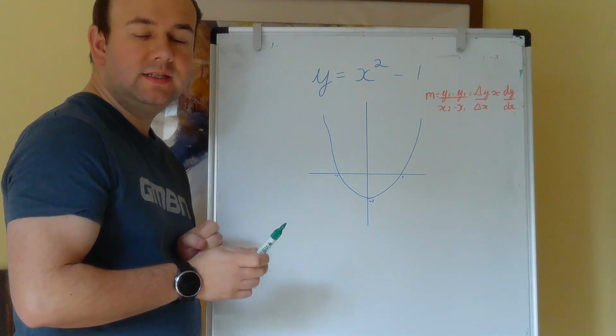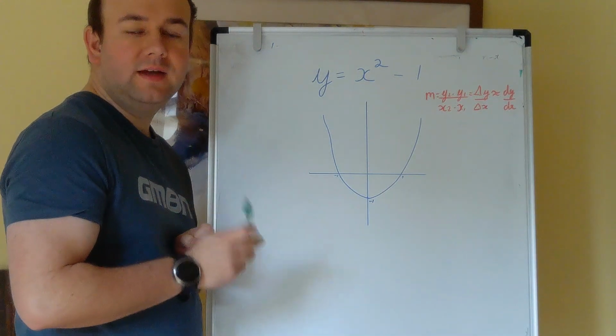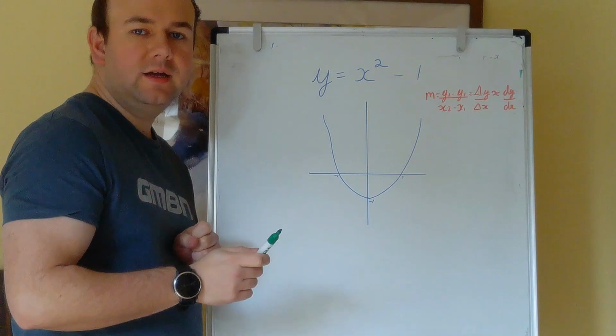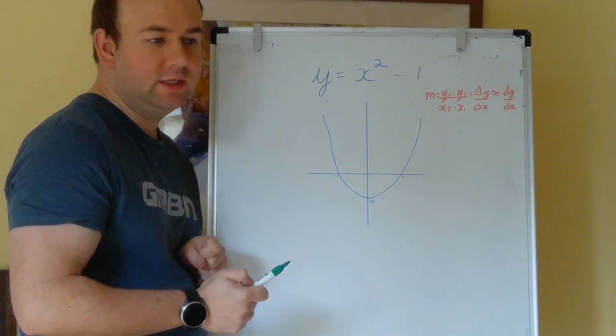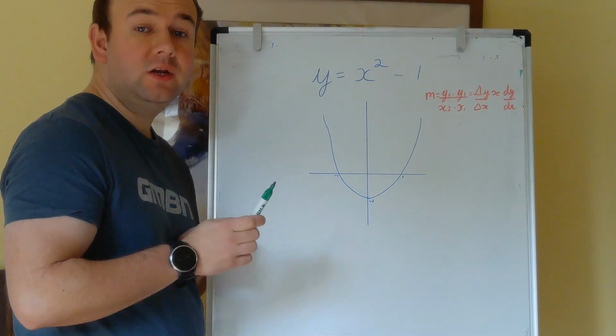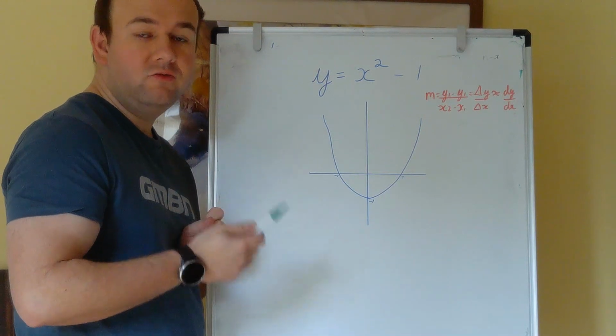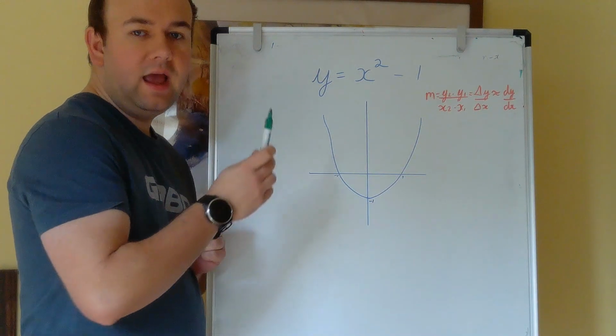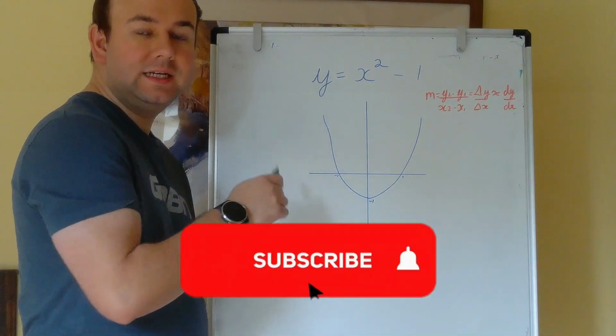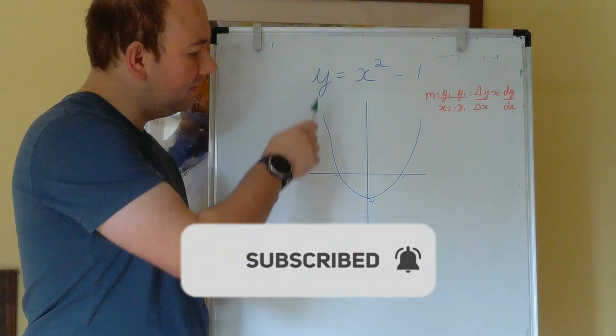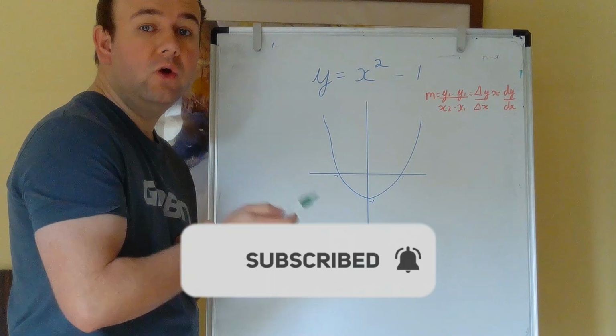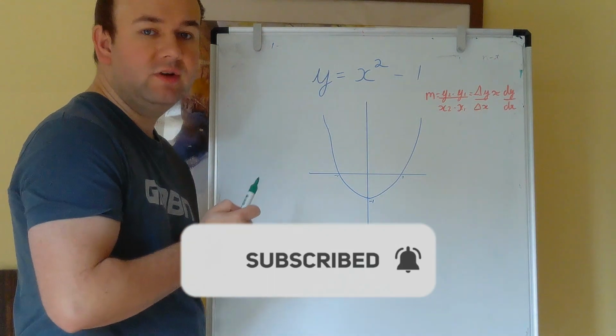In our previous episode I looked at finding the gradient of a straight line from the graph and from the equation. Today we're going to look at finding the gradient of a curve, which has a continuously changing gradient, something like this example on the board, a non-linear graph.